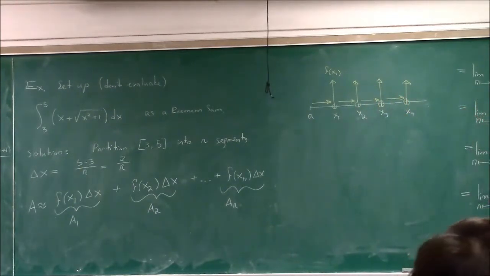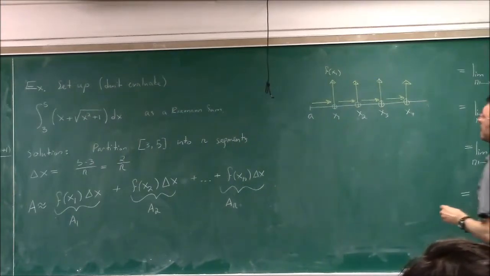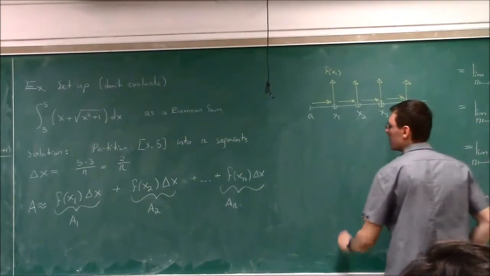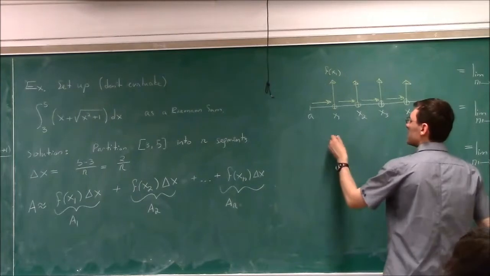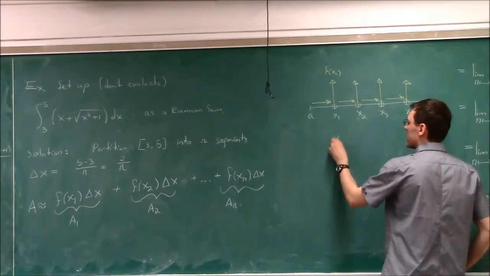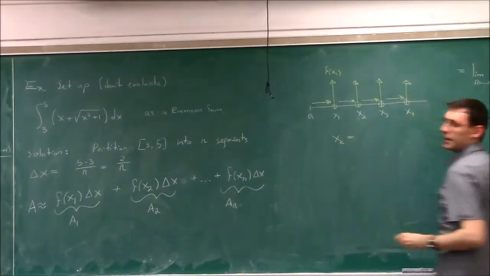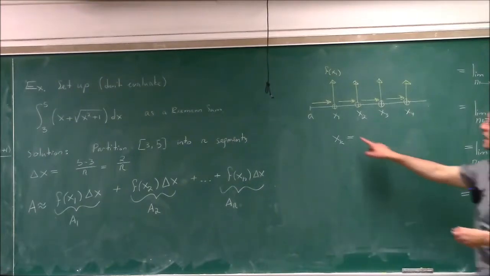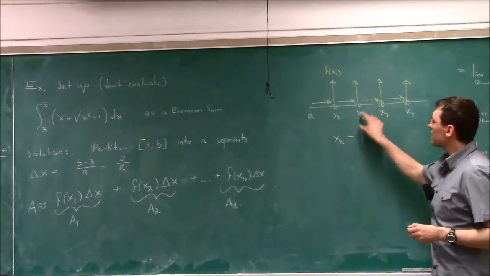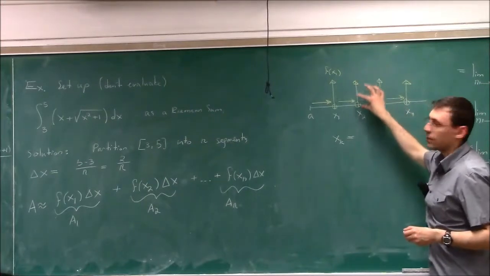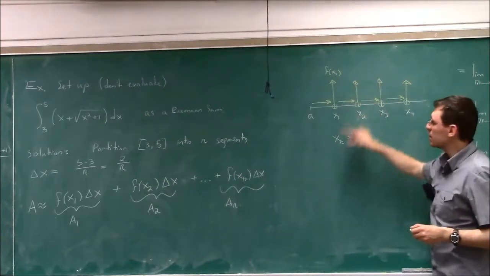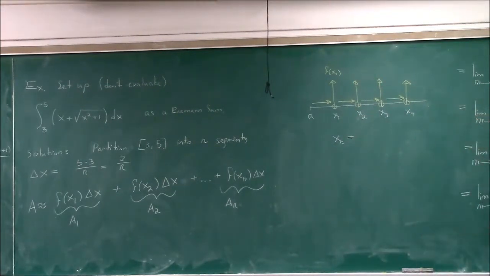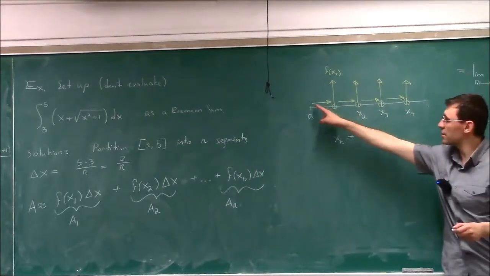Okay? So let's just do right away, what is x sub k? How do I obtain x sub k? That means x sub k is the point that is going to be used to find the height for the kth rectangle.